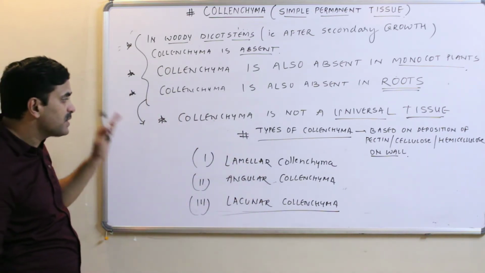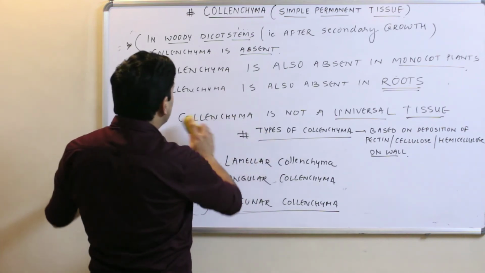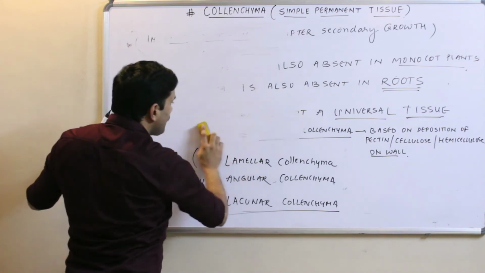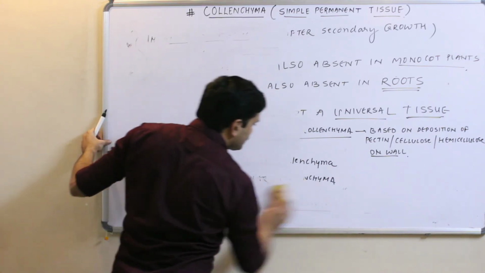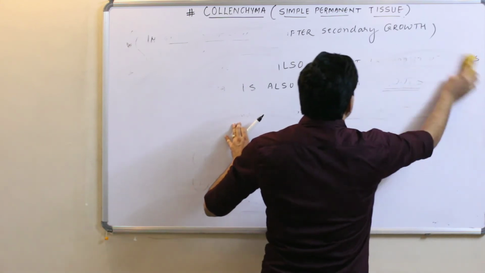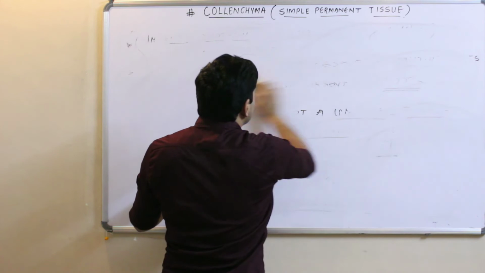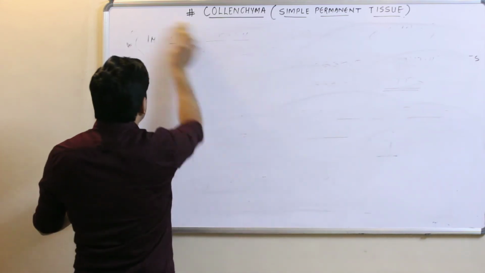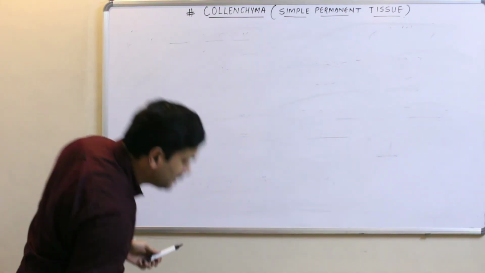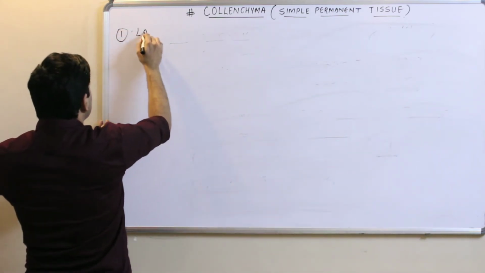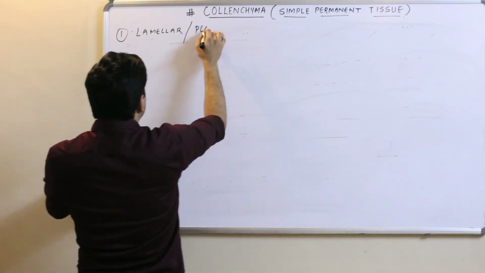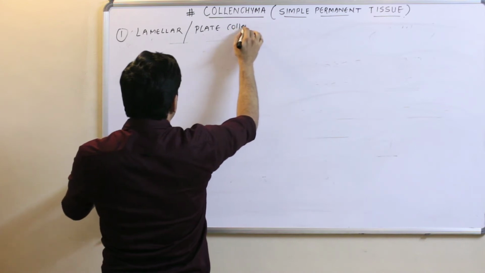Clear? So we will first discuss lamellar collenchyma. First one, lamellar, or plate, collenchyma.